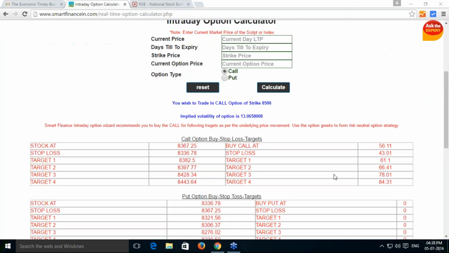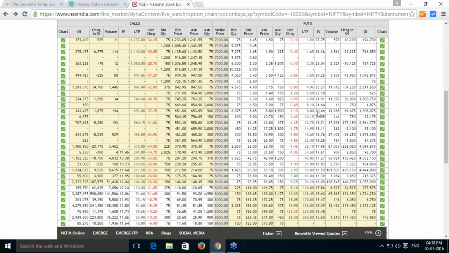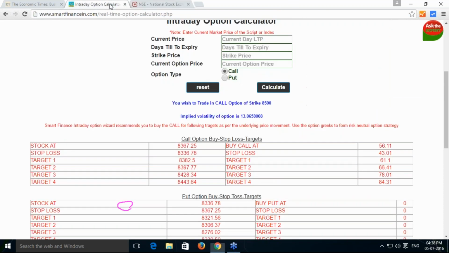The implied volatility you get on the NSE website is based on historic assumptions. However, as per Newton-Raphson's method, you can get the IV based on that particular premium. It's 13.06. This is the implied volatility.